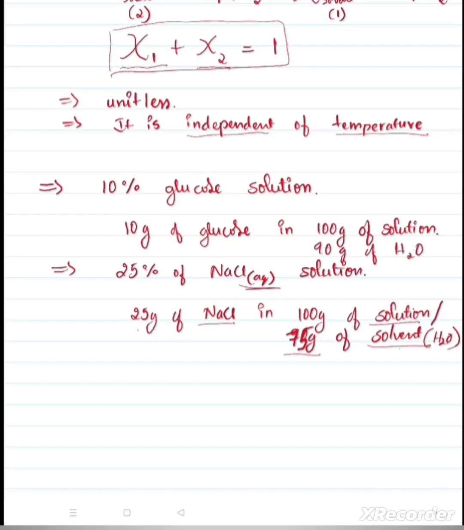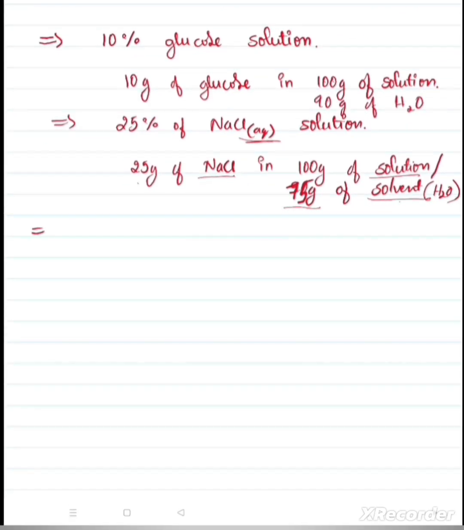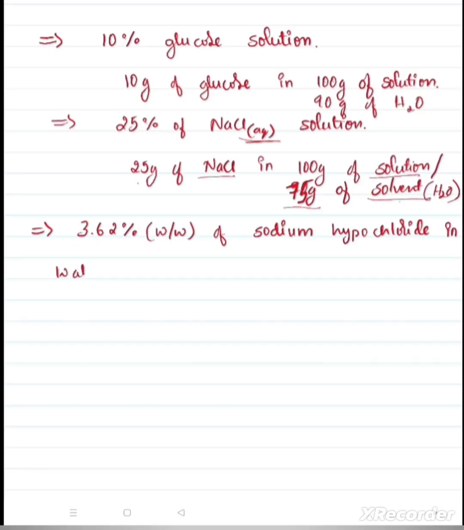Okay, then the next point is, remember, 3.62% weight by weight, mass by mass percentage of sodium hypochlorite in water can act as a commercial bleaching solution.